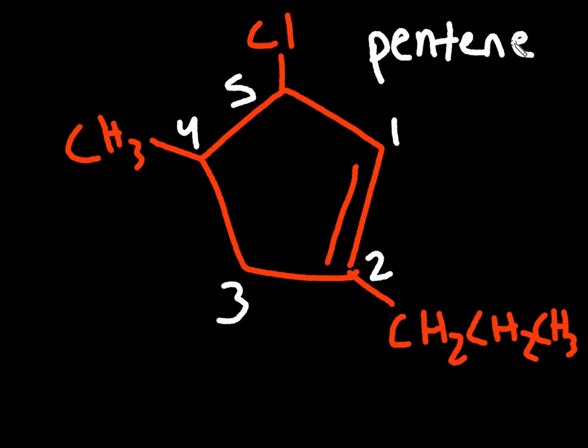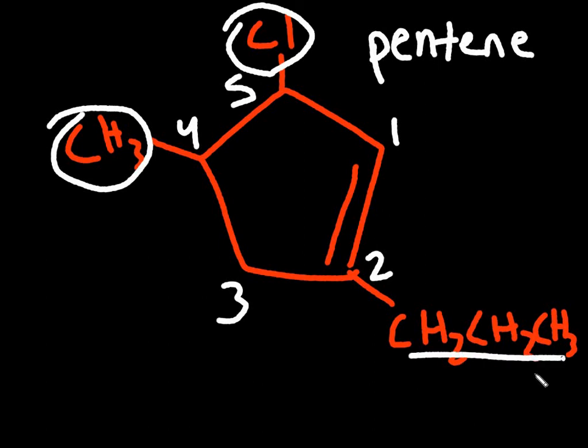Remember, it's an alkene, so we say pentene. Now we have to put in alpha order. We know that this is chlorine, this is a methyl, this here C2, CH2, CH2, CH3. What is that? This would be a propyl.